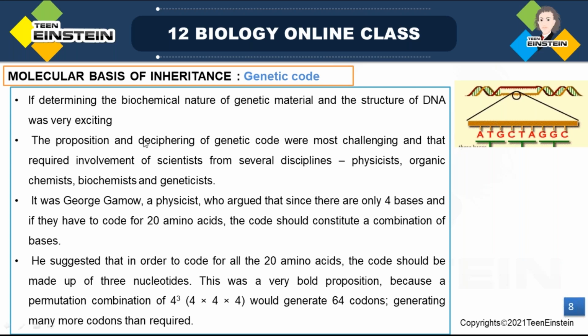Got it? So who proposed? George Gamow proposed that 20 amino acids and only 4 bases are coding for that. And how is it coding for these 20 amino acids? Through different combinations. So the permutation and combination of these different bases, 4 into 4 into 4, 4 raised to 3, would generate 64 different codons, and that generates many more codons than required.